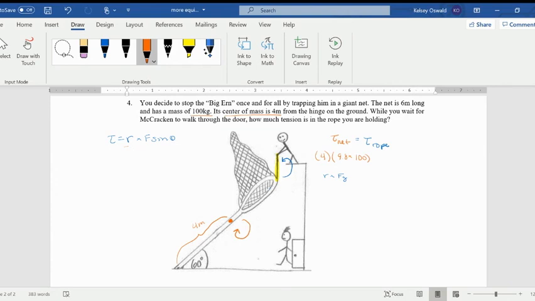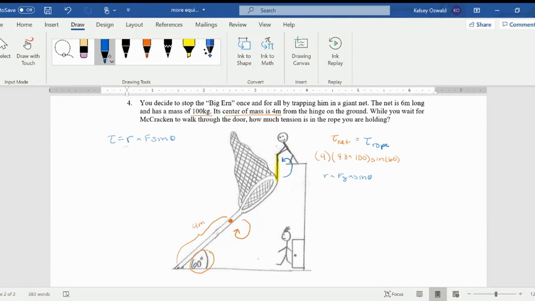And we need to multiply that by the sine of our angle. Since force of gravity always points straight down, it makes a 60-degree angle with the ground. So we're going to do sine of 60, because our net is making a 60-degree angle, so that force of gravity is being applied at a 60-degree angle.